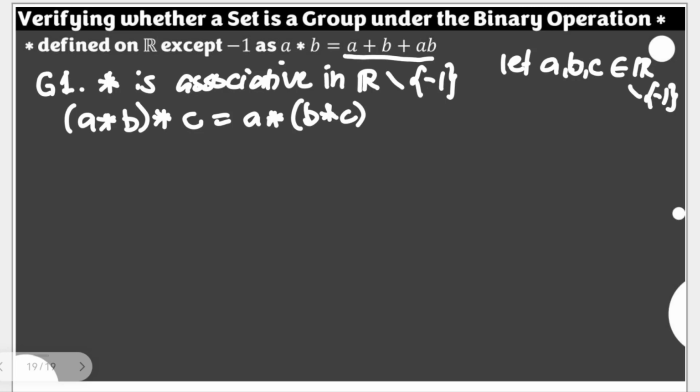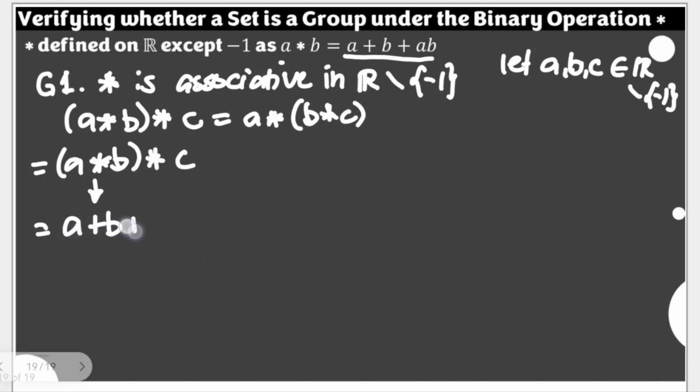So let's try to come up with the left hand side, A star B star C. So we're going to implement this first. This would become equal to A plus B plus AB as indicated here in the definition. But this entire trinomial expression will still be subjected to our C. Okay? So what does this tell us?